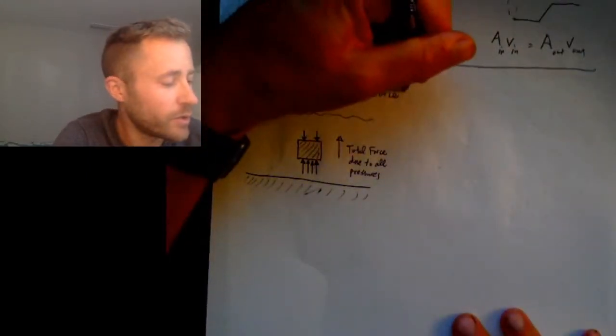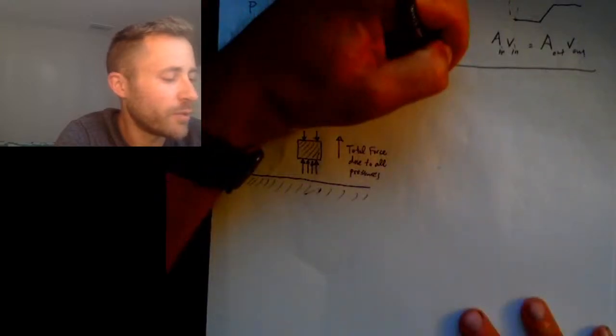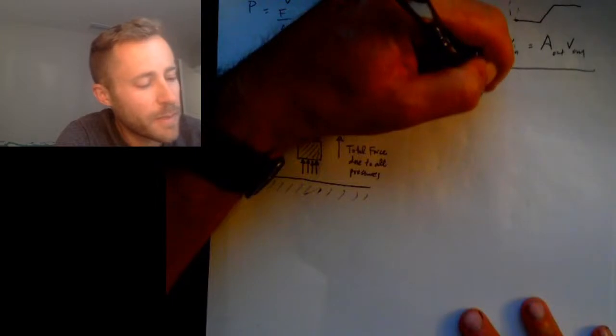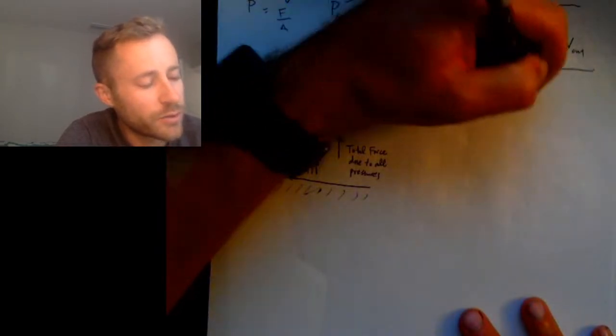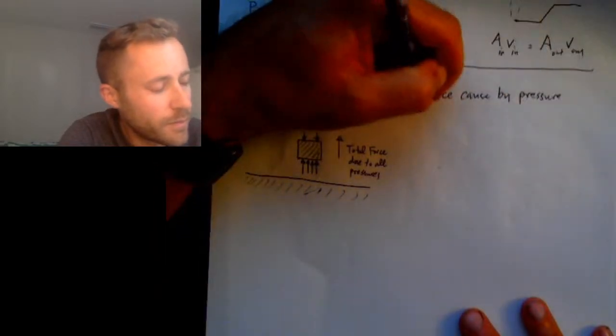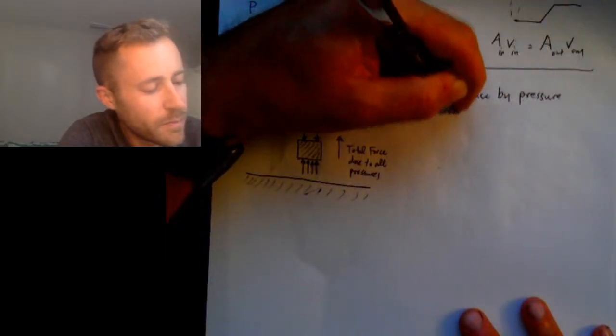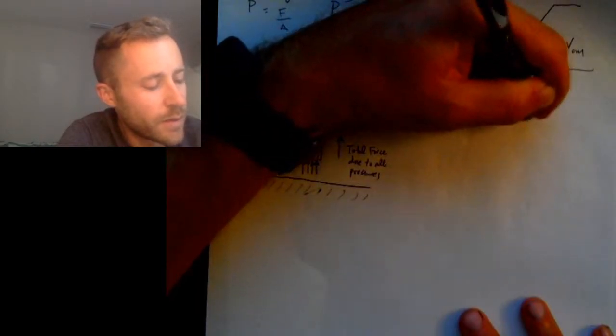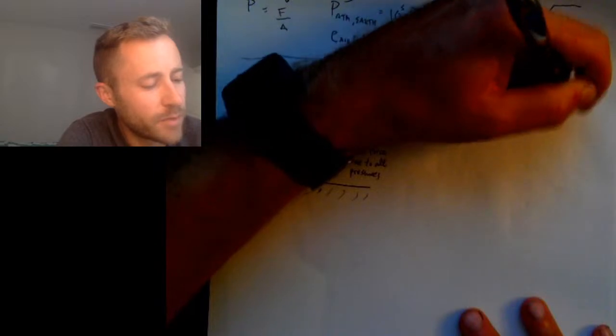So the buoyant force is the force caused by the pressure differential between the top and the bottom of the object.